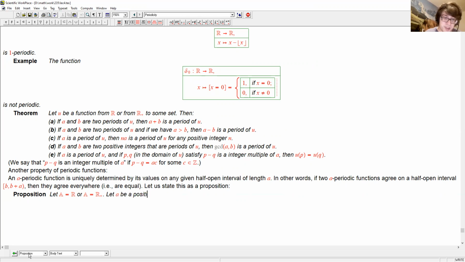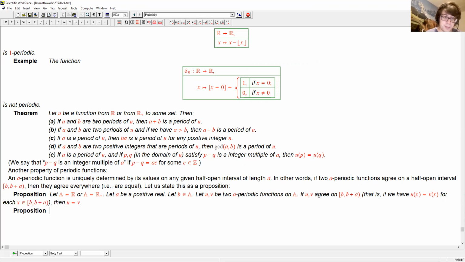Let a be a positive real, let b be in the domain, let u and v be two functions in A that are a-periodic. If u and v agree on this interval, so by this we mean if we have u of x equals v of x for each x in this interval, then u is v.